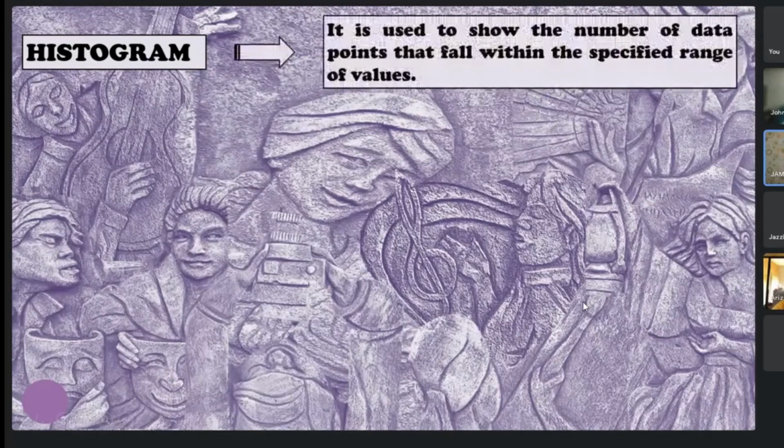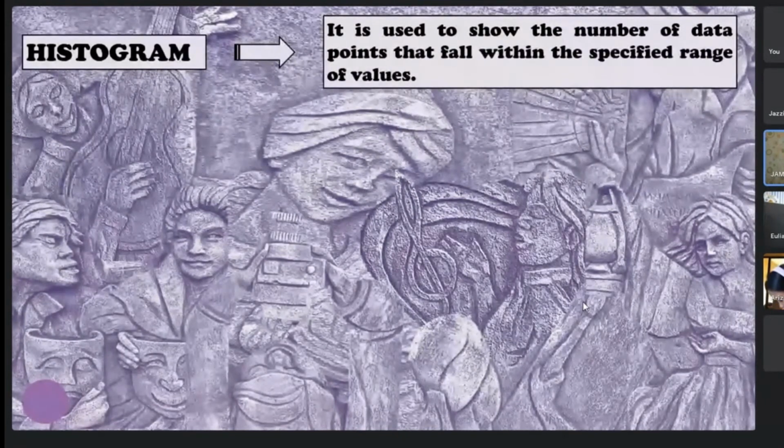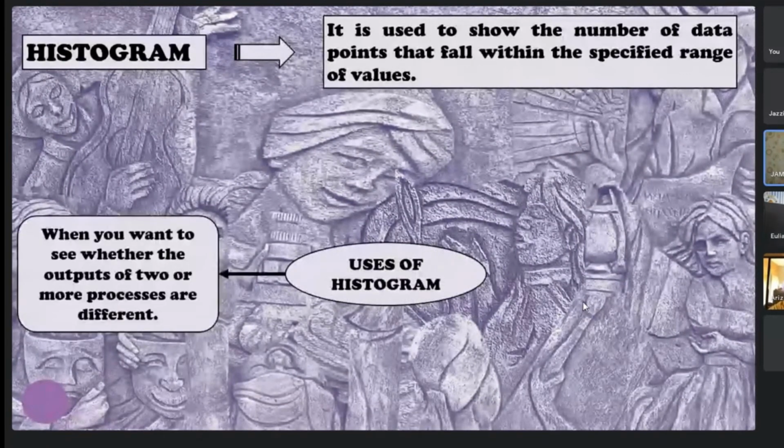Okay, so when to use a histogram, kindly read. Kindly read, Julian. Histogram. It is used to show the number of data points that fall within the specific range of values. Okay, so we are going to use histogram if you want to show the number of data points within a specified range.